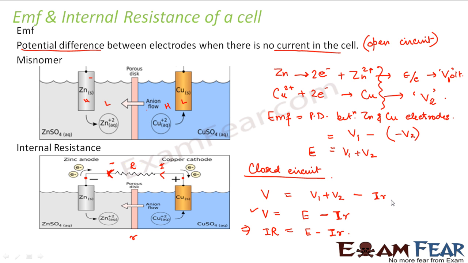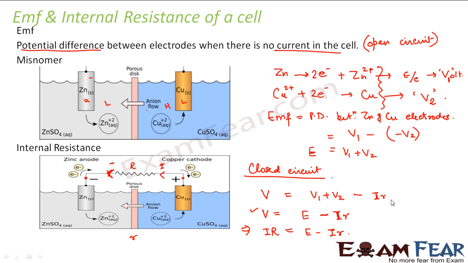Internal resistance will not play any role as long as you are talking about an open circuit, because in an open circuit there is no current flowing at all. When there is no current flowing, there will be no resistance as well, because when current is not flowing, who will resist the flow of current, right?